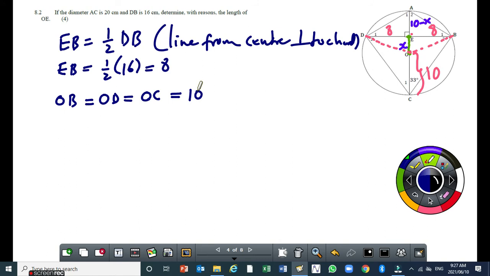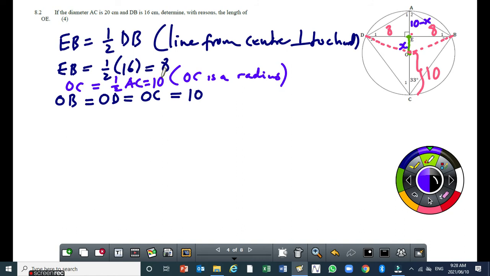But I think I should write before this line that OC is equal to half of AC. The reason you can write is that OC is a radius. That one will be very tricky to write. So this will be 10. So if you allow the construction, for this one here, I would suggest that you do the construction.